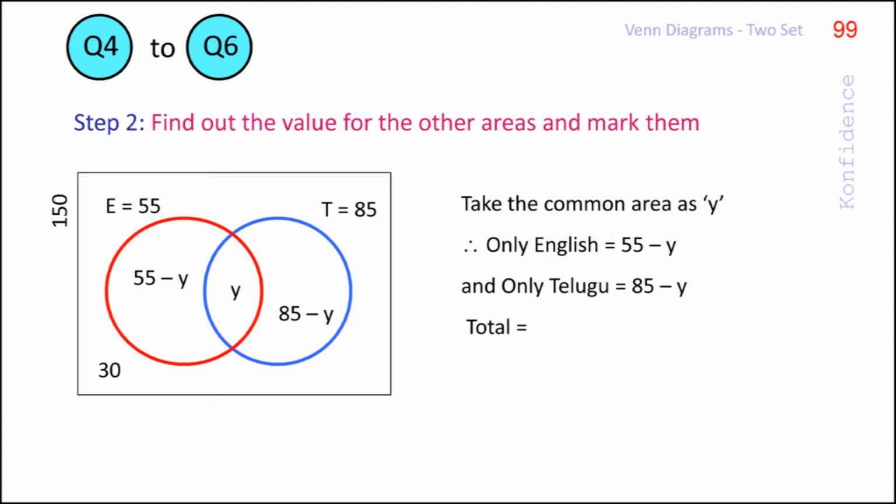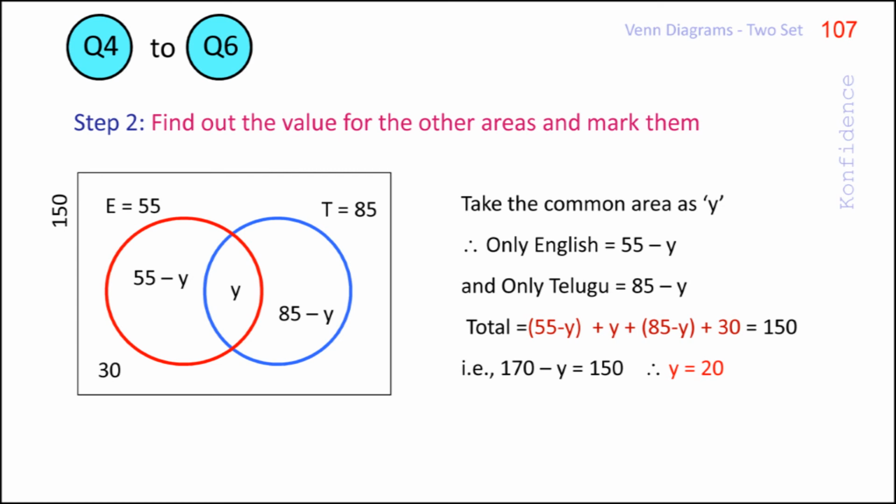Therefore, total is equal to 55 minus y plus 85 minus y plus 30 equals 150. That is, 170 minus y equals 150. Therefore, y equals 20. The number of people who speak both Telugu and English is 20.